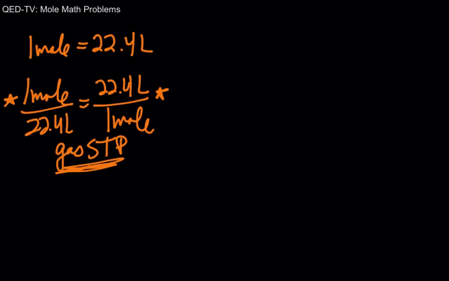The other conversion factor is that 1 mole of anything would equal 6.02 times 10 to the 23rd representative particles. And I say representative particles here because we don't really know what that representative particle might be. If we're talking about an element, the representative particle would be atoms. If we're talking about covalent compounds, the representative particle would be molecules.